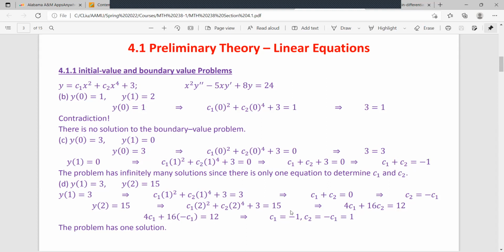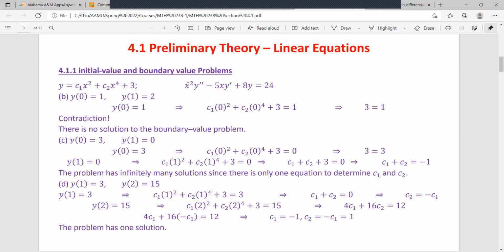So C1 will be negative 1 if we do that. And then C2 is just negative C1, so C2 will be 1. So you get unique values of C1 and C2 in this case. So that means you only have one solution for this boundary value problem, right? So it has a unique solution.